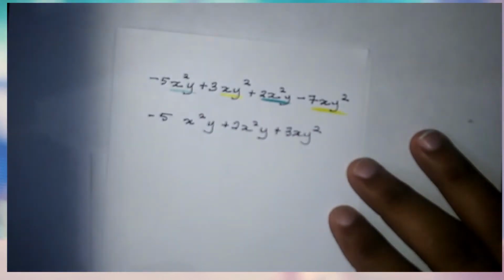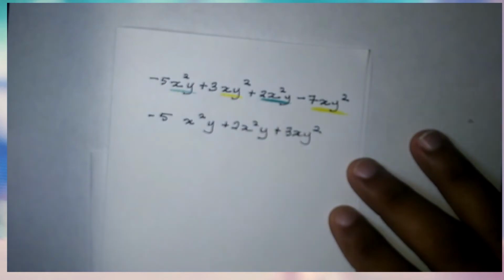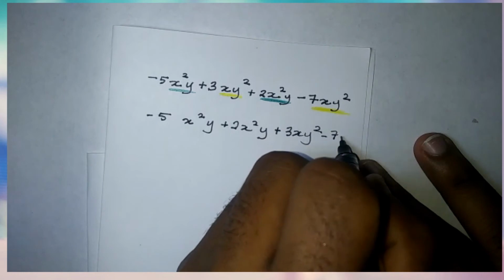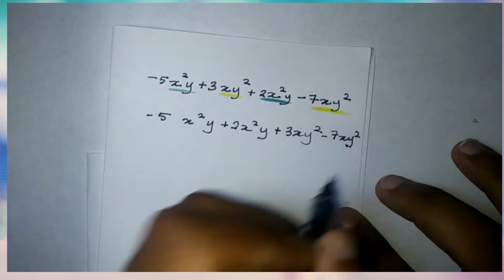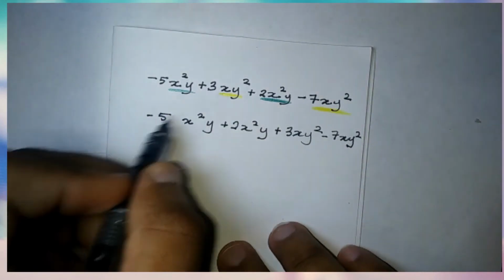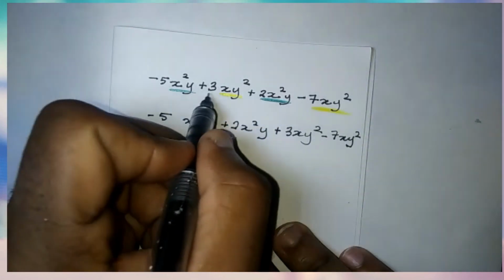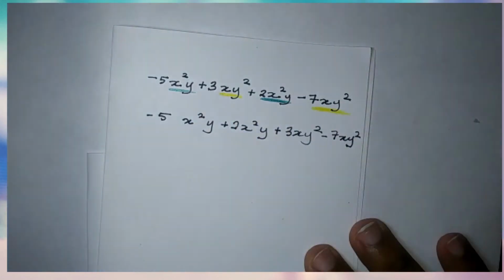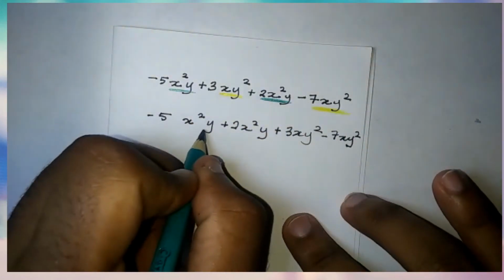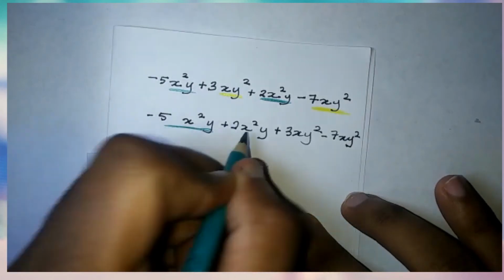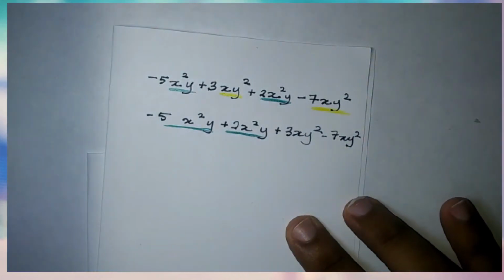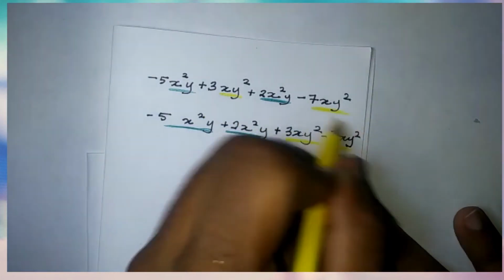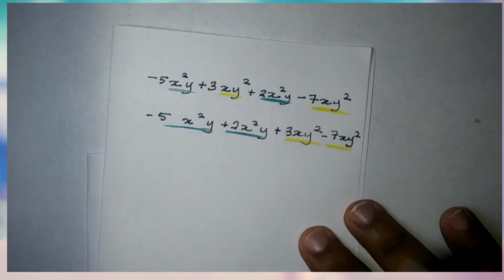I'm carrying all the signs that are in front of them, right? So the last one now, it's minus 7xy squared. So see, minus 5 plus 2 plus 3 plus 3 minus 7. Let me just put them back so you can see. There we go. The like terms are together. Great. Now we can simplify them.